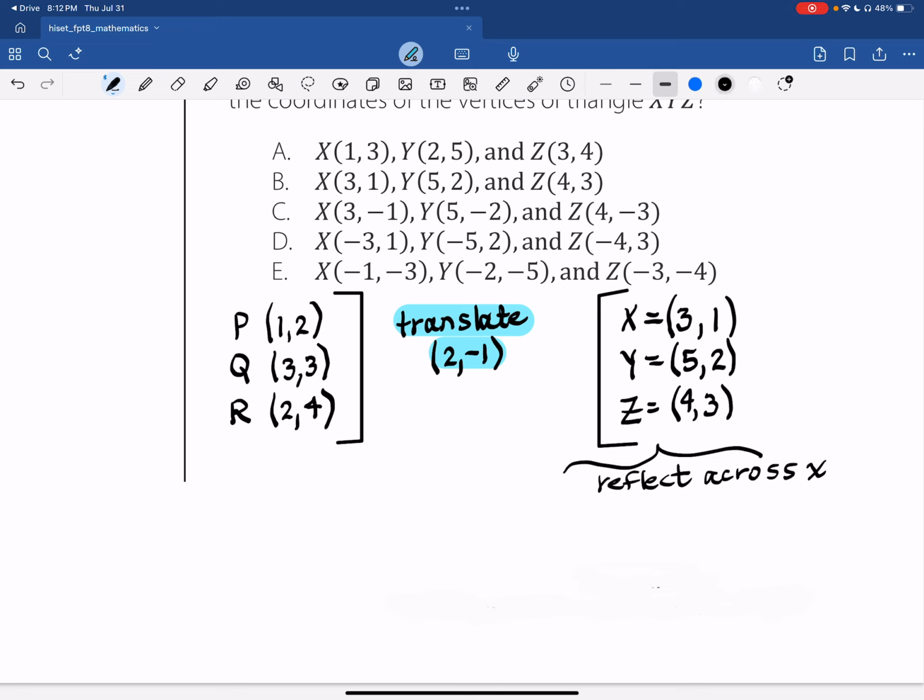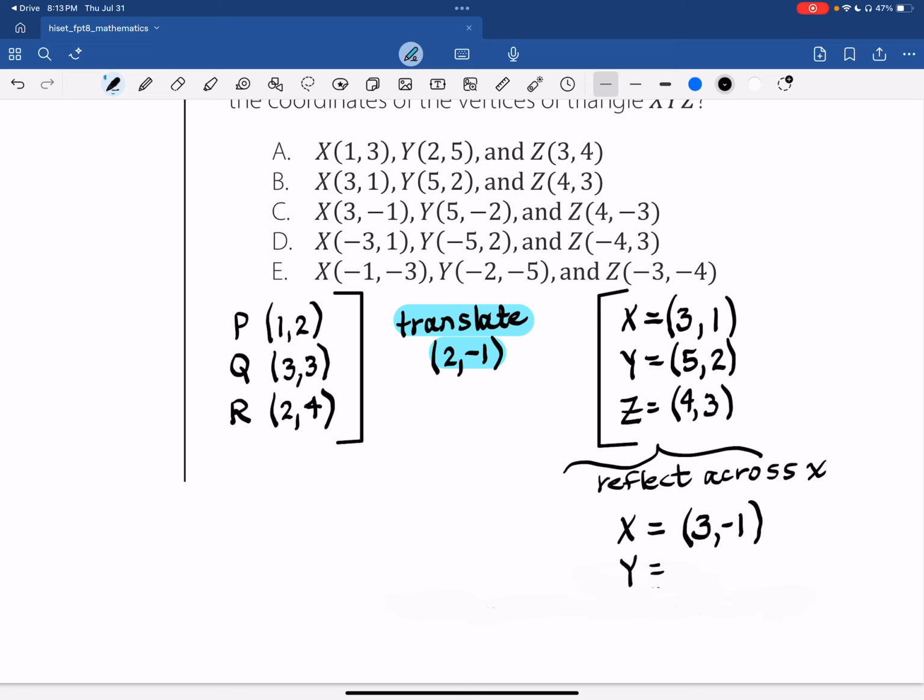Okay, so once you flip this across the x-axis, your x point will become, remember x doesn't change because you're flipping it across x, but your y will become the opposite. So 3, -1.